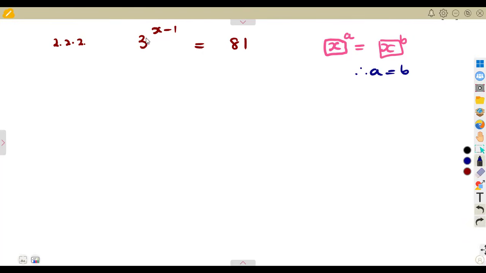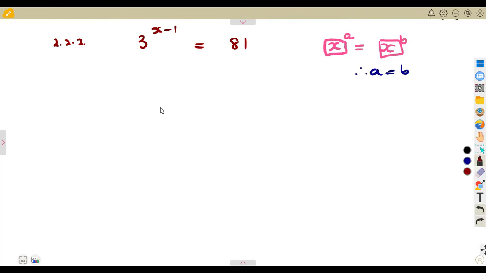So 3 is a prime number, which means 3 is in simplest form. Sorry for that. A prime number is already in simplest form, so there is no other number that I can reduce this to.